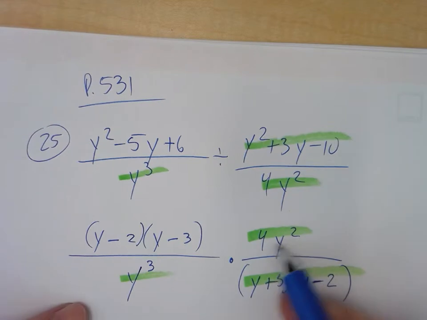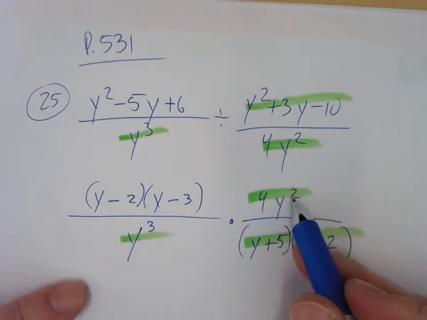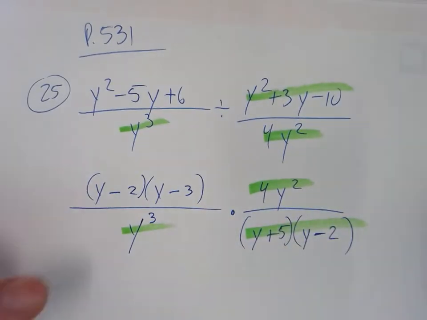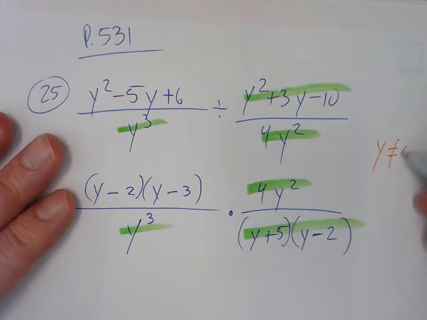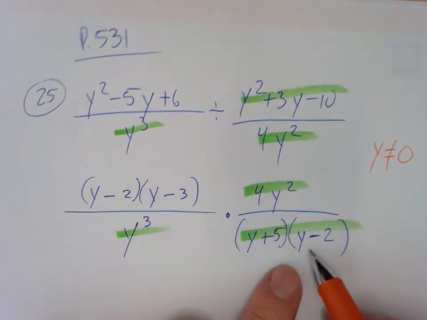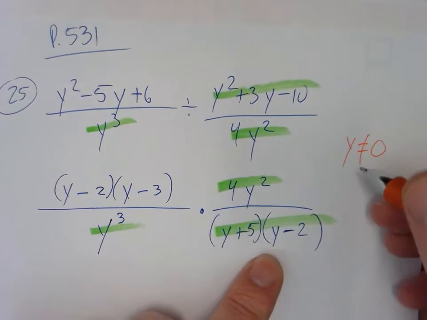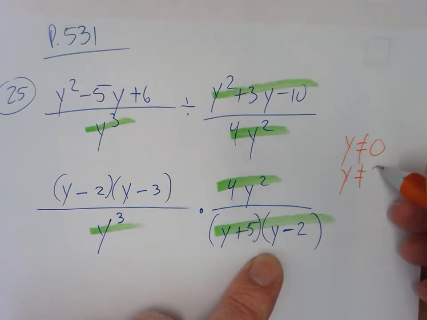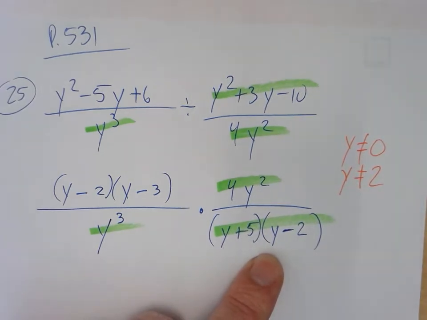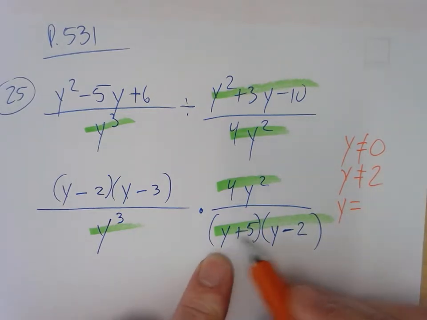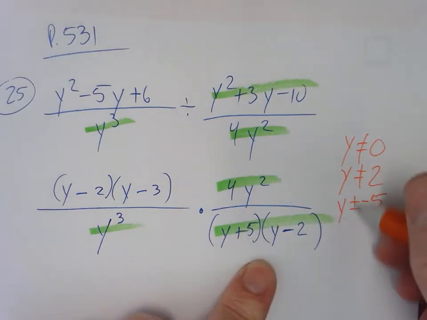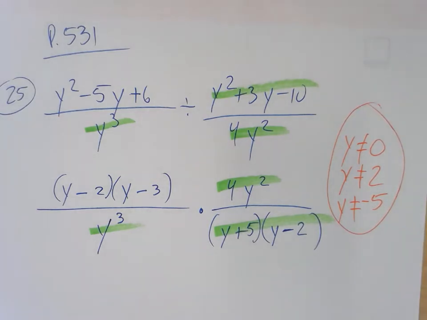Luckily, those two have the same restriction. Y cannot be 0. And then 2 minus 2 makes 0, so y cannot be 2. If you were to graph this, we'd create the vertical asymptotes. And then negative 5 plus 5. So we get three restrictions: 0, 2, and negative 5.